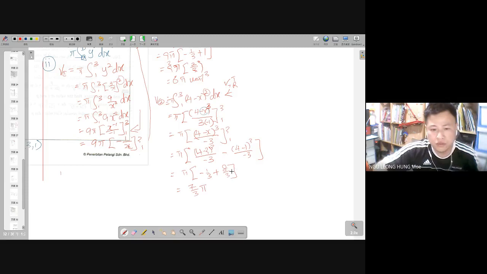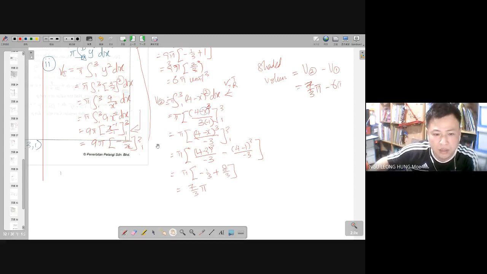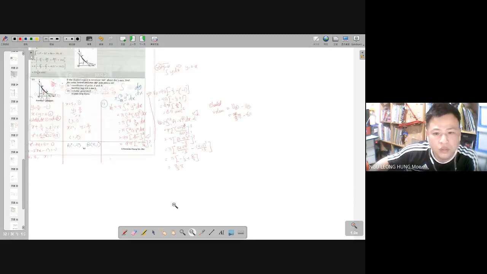So 7 over 3 pi. Then the shaded volume will be the volume for equation number 2 minus the volume for equation number 1. So 7 over 3 pi minus 6 pi. Wait, let me have a look. Equation 2 minus equation 1.